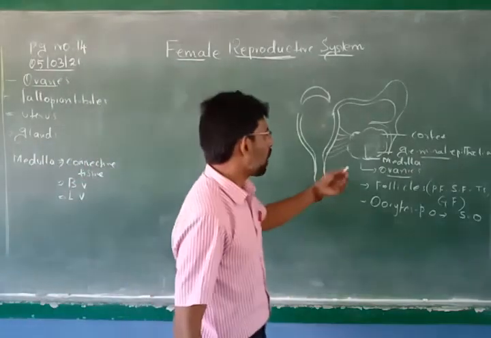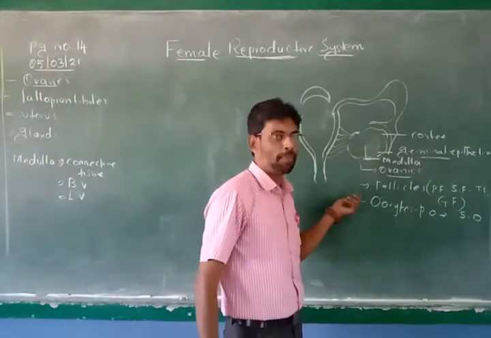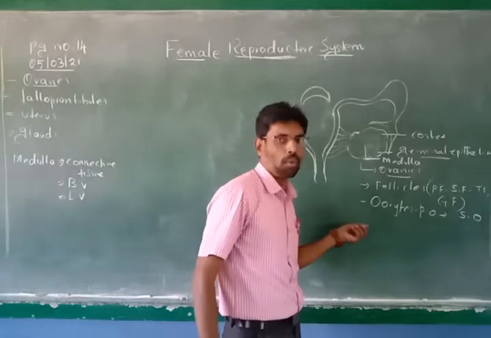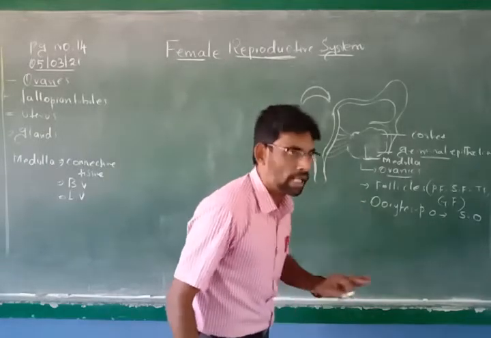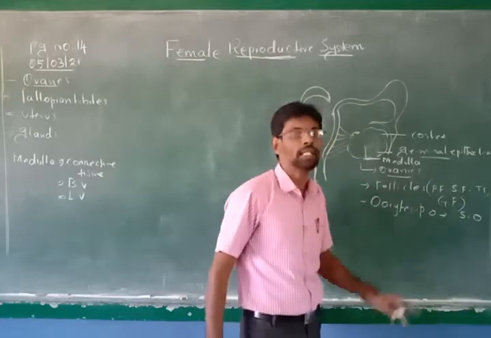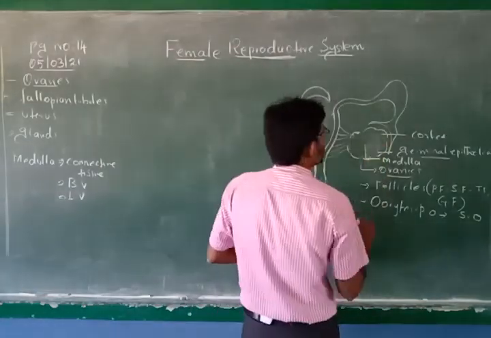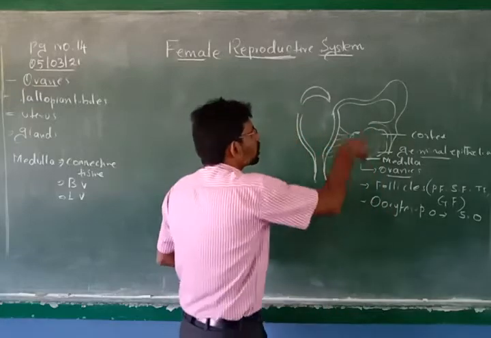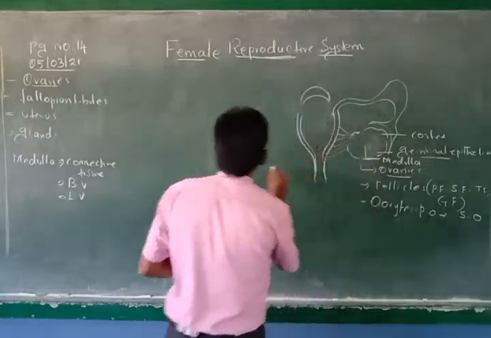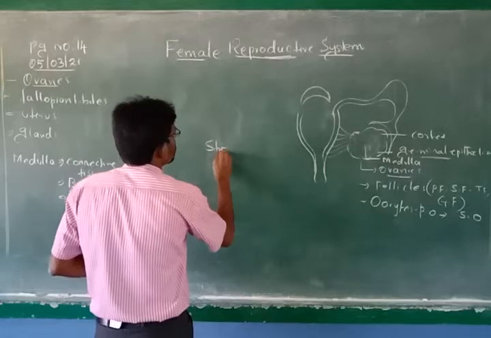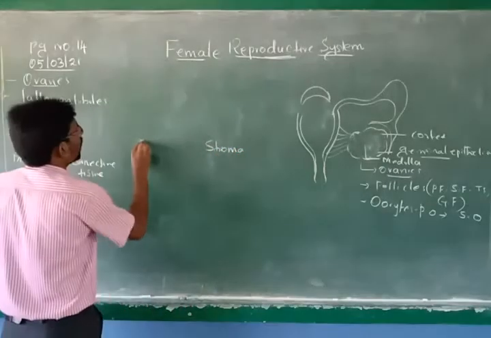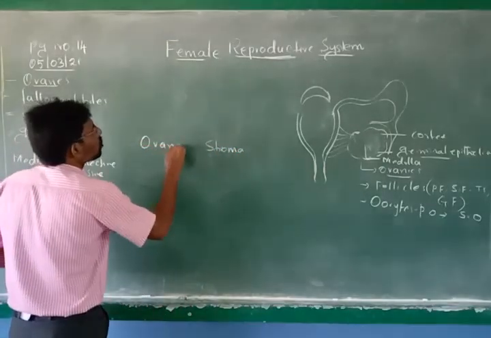Okay, right. So inside the ovary we have the development of follicles, and at the same time oocyte development takes place. Second, the ovary is surrounded by the germinal epithelial cells, and this germinal epithelium encloses, that is, covers, the stroma cells, otherwise called the ovarian stroma.